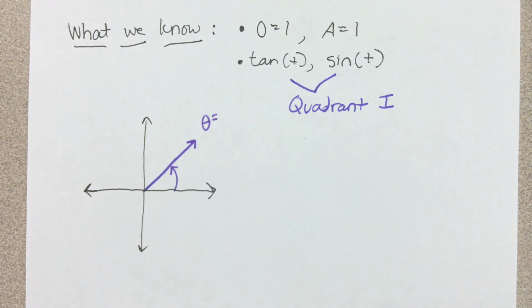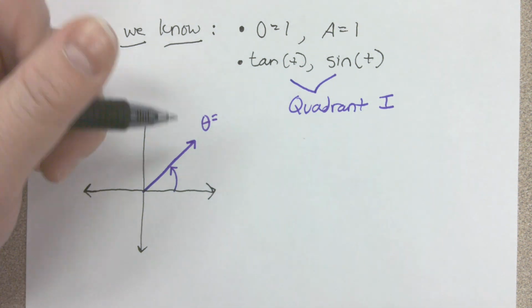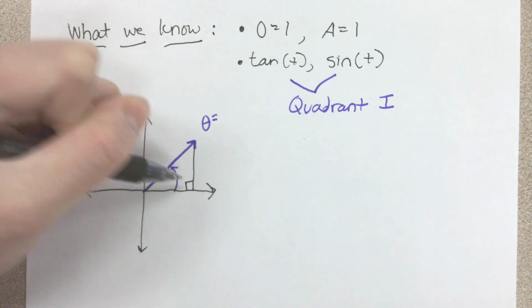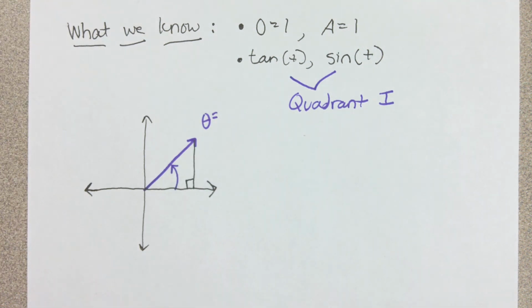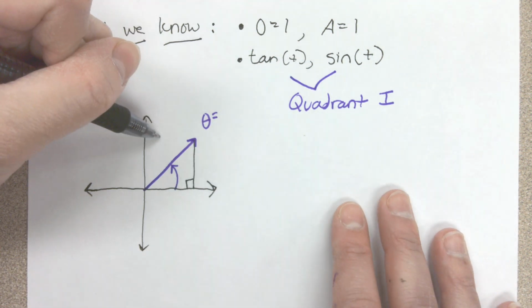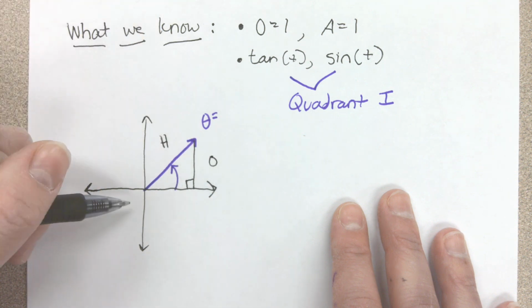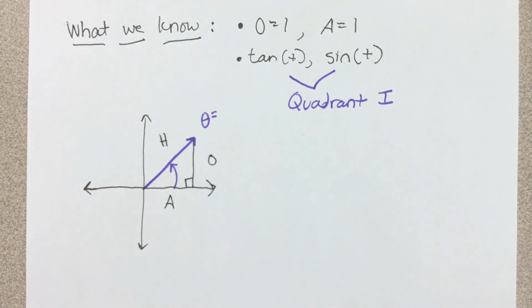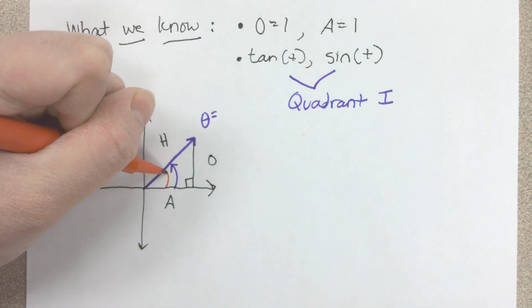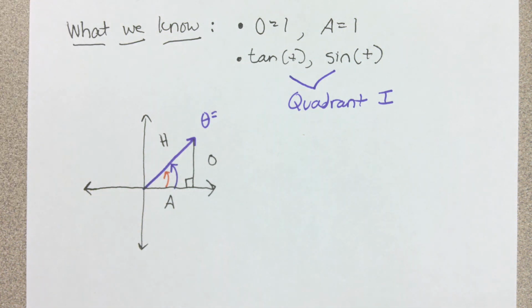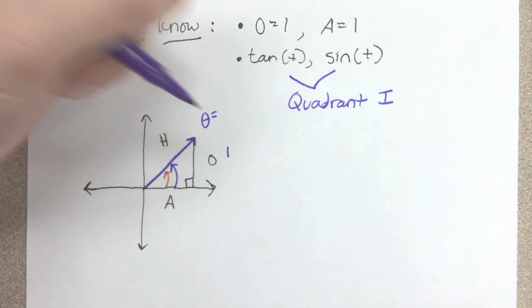Theta equals, we're still trying to figure that out. So instead, we're going to start with the triangle. H is the hypotenuse, O is the vertical, and A is the adjacent, connected to the alpha that we're still going to determine. And then the sides we do have: we know that O is 1 and A is 1.